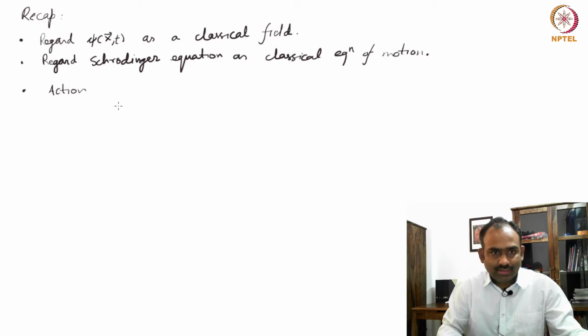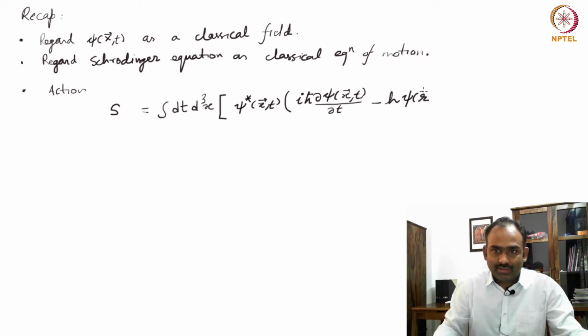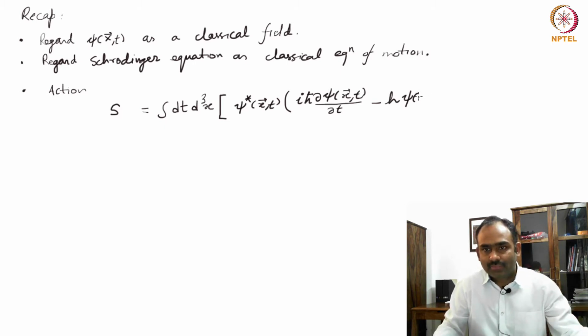So you get S is equal to the integral of dt d cube x psi star, and we had in these round brackets the entire left hand side of the Schrodinger equation, i h bar del over del t minus the Hamiltonian of single particle quantum mechanics.